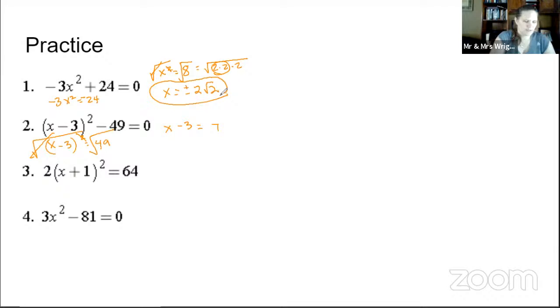Square root of 49 is 7. Let me just double check that. It's correct. X minus 3, I want to add 3 to both sides. So x equals 7 plus 3 is 10. So do I have 2 answers with this equation?